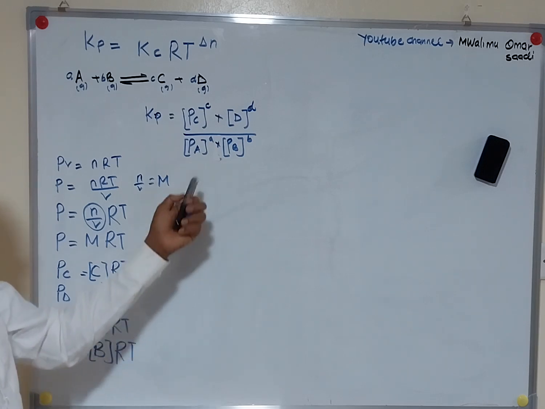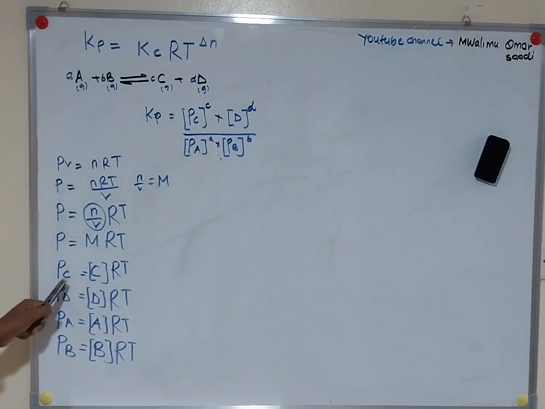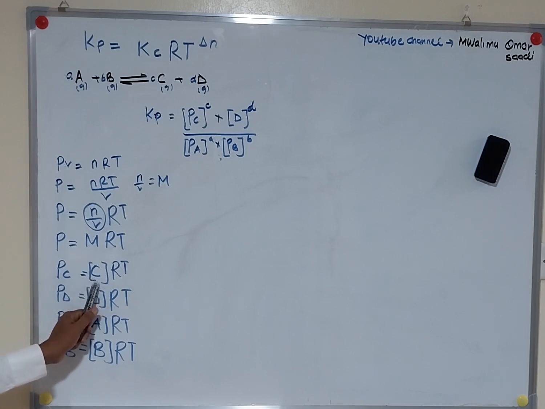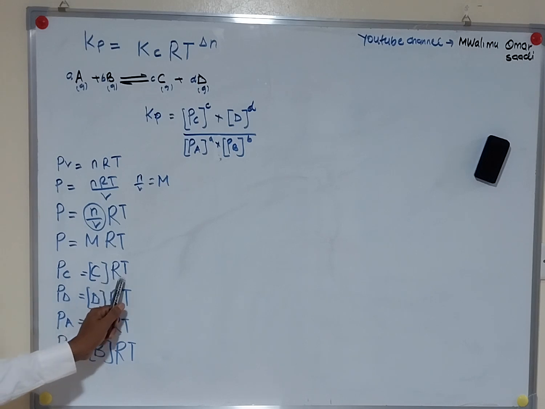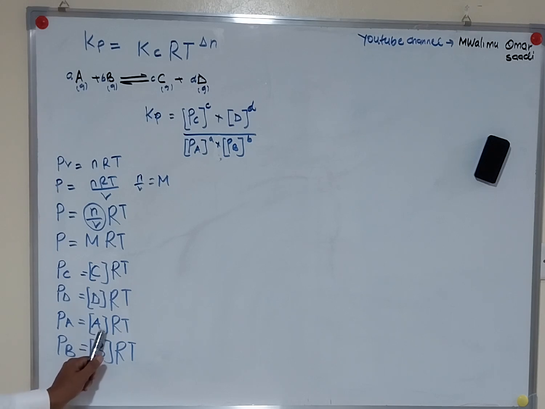So from there, we can replace PC with concentration of C times RT, PD with concentration of D times RT, PA with concentration of A times RT, and PB with concentration of B times RT.